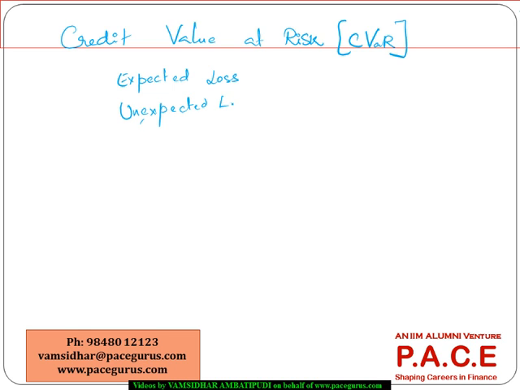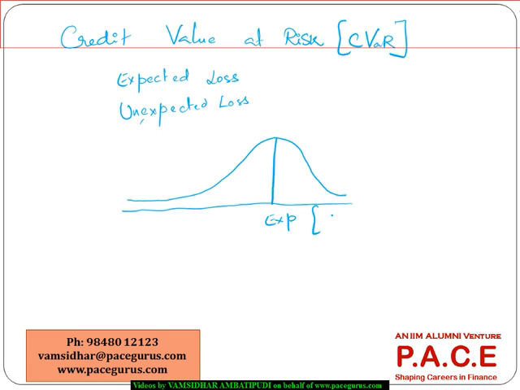And just to remind, when I'm looking at a distribution, this is my expected loss, which is typically found out using the probability of default and loss given default along with the exposure at default.